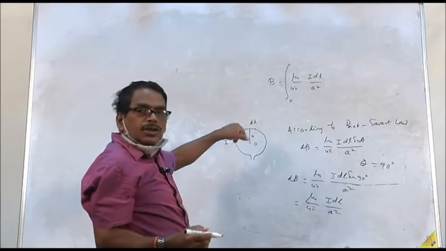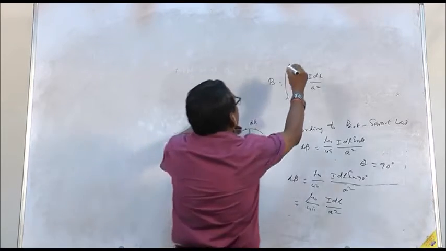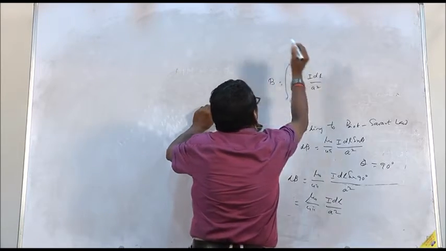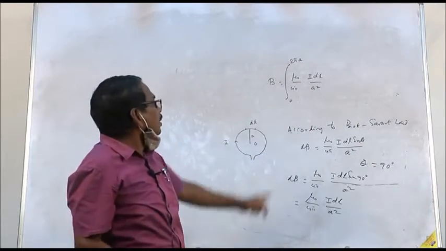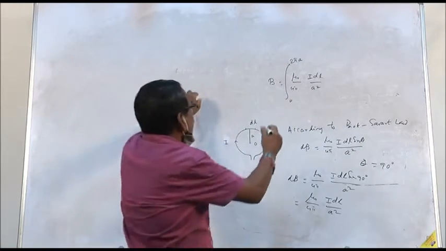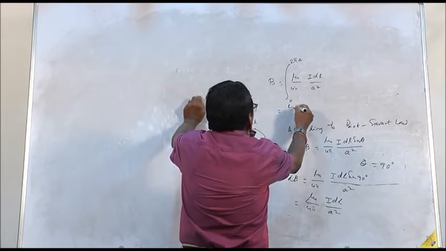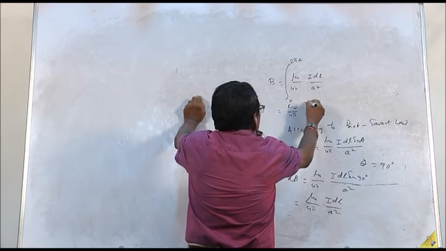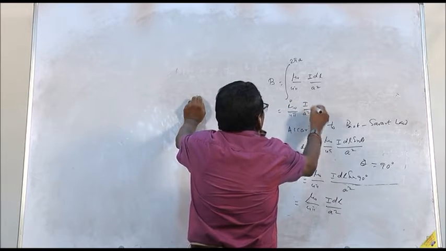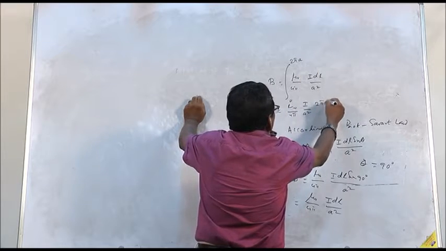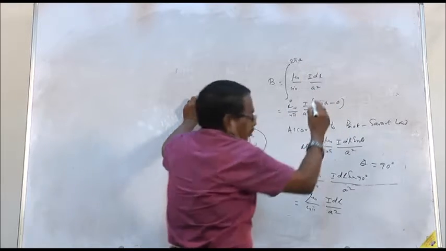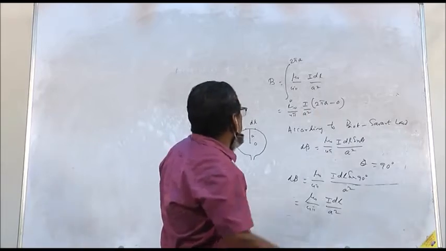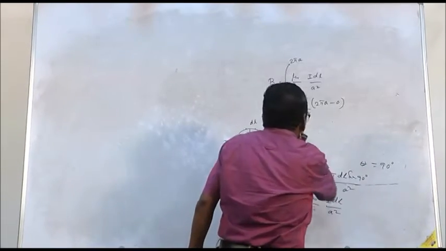If you integrate it, the total length will be 0 to 2 pi A. So, mu 0 by 4 pi I by A square integration of dl from 0 to 2 pi A, that is 2 pi A minus 0.